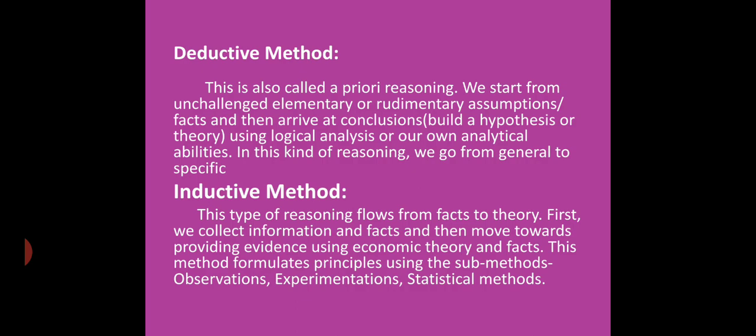So the inductive method, this type of reasoning flows from fact to theory. First we collect information and facts, and then move towards providing evidence using economic theory and facts. This method formulates principles using sub-methods, for example observation, experimentation, statistical method. So the first one is the predicting method, the second one is following theory.